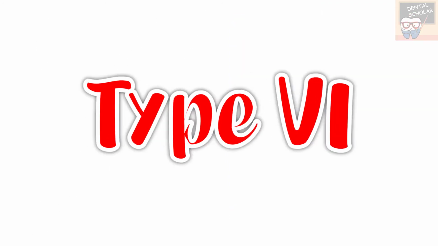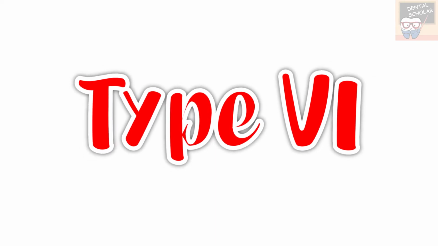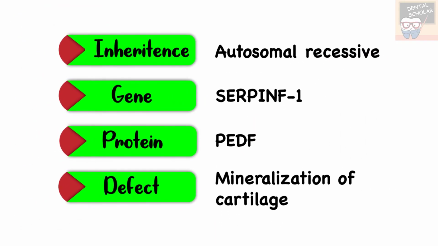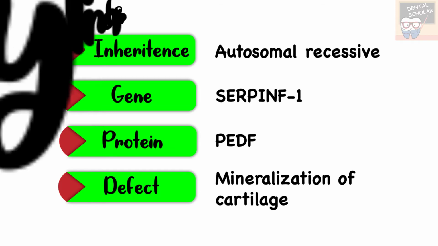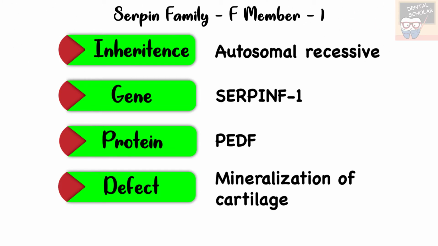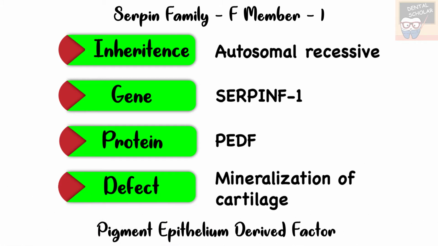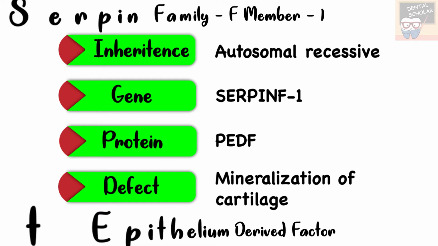Next is type 6 osteogenesis imperfecta. This type is autosomal recessive, and the gene affected is SERPINF1 or Serpin family F member 1 gene, and the protein affected is PEDF, pigment epithelium derived factor. So the defect is in the mineralization of the cartilage.